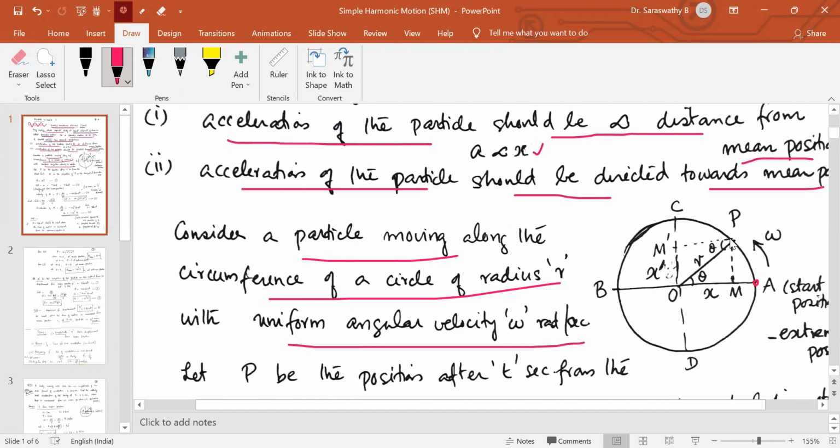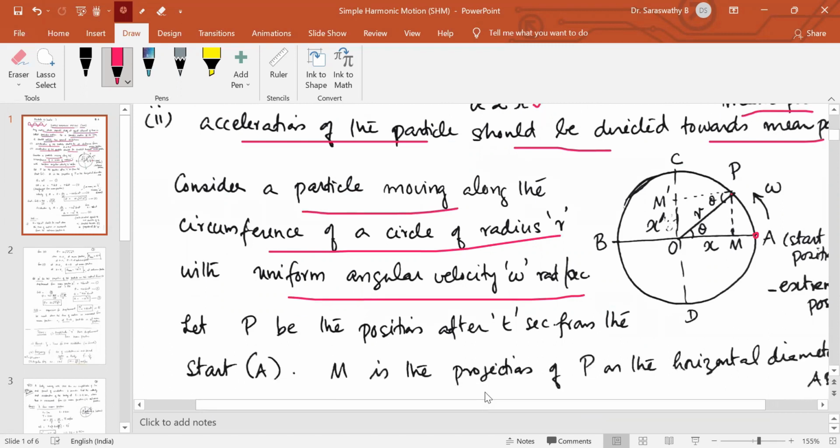Now, M is the projection of P on this horizontal diameter. As the point P moves from A to B, the point M moves from A to O, then to B. As it moves from here to here, the projection of this point comes like this.